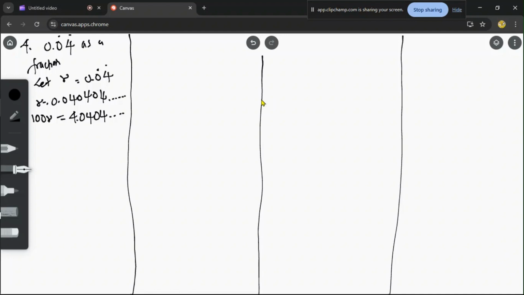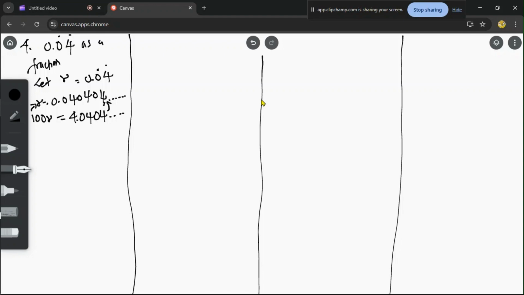Then I take 100R and subtract R, and what I do on my left, I also do on my right. What is 100R minus R?